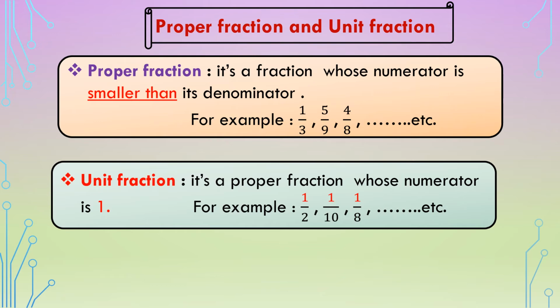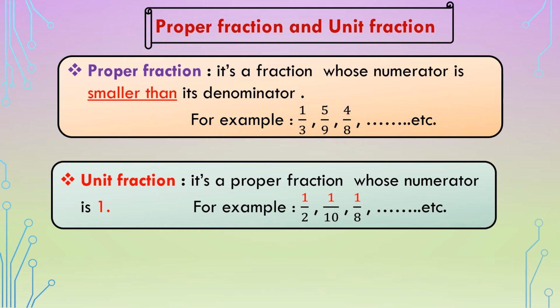Okay? The unit fraction, it's a proper fraction whose numerator is 1. So, the unit fraction, it's a proper fraction. The numerator must be 1. Like 1 over 2, 1 over 10, 1 over 8, 1 over 7, 1 over 100, 1 over 1000, and so on.